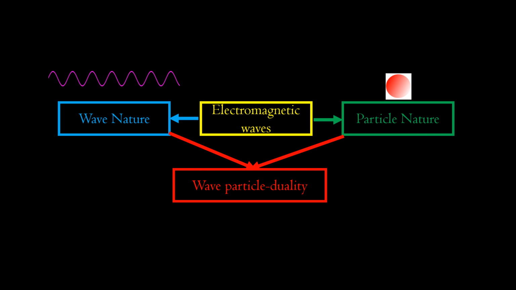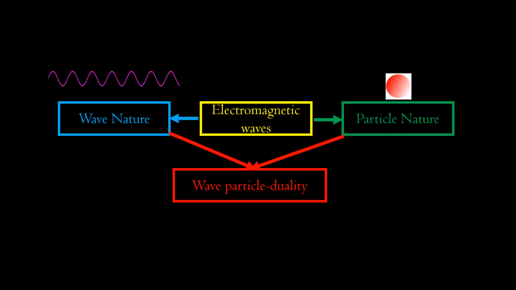Electromagnetic waves have both wave-like and particle-like properties, but only show one or the other depending on the kind of experiment that you are performing. So, if you are performing a wave type experiment, the electromagnetic waves will show their wave nature.